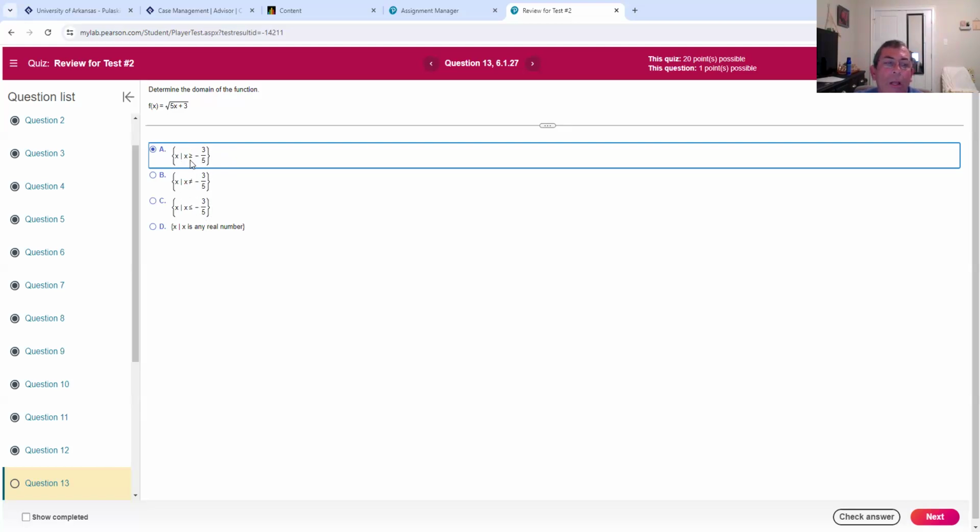So the inequality has to point in the same direction as mine did for A. Other than that, all the answers are the same, negative 3/5 for all of those. If you put D, you will miss it 100%. If you put an answer like B, you're going to miss it 100%. It's going to be a number like A or C.